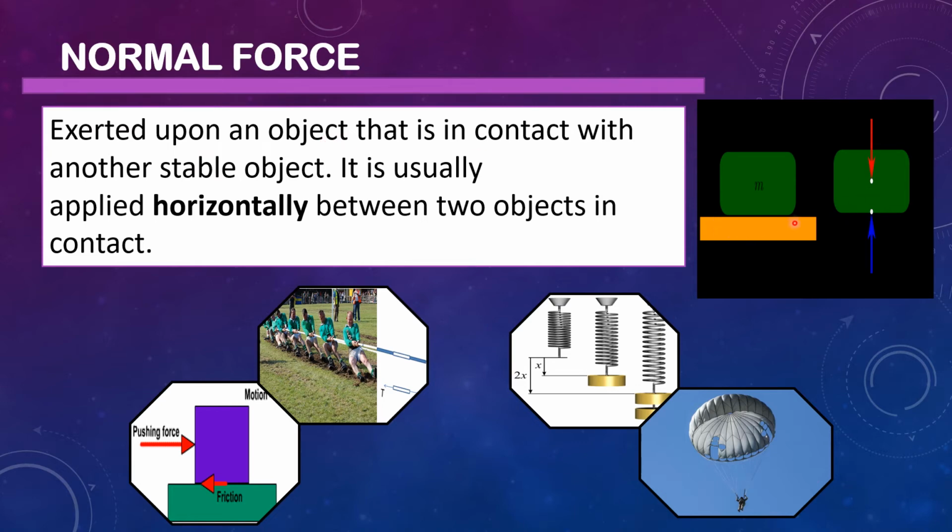So let us have here, the blue arrow pertains to normal force, while the red arrow pertains to gravitational force. Originally, all objects are affected by gravity. Without this normal force applied by the table, this box will fall down.